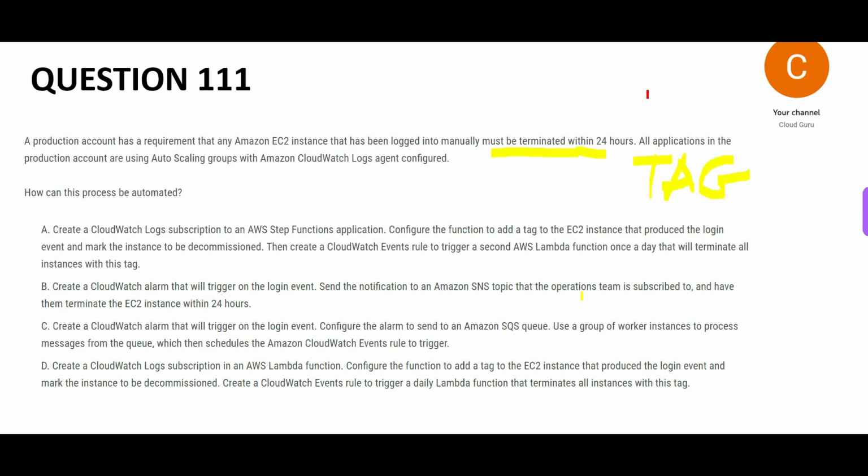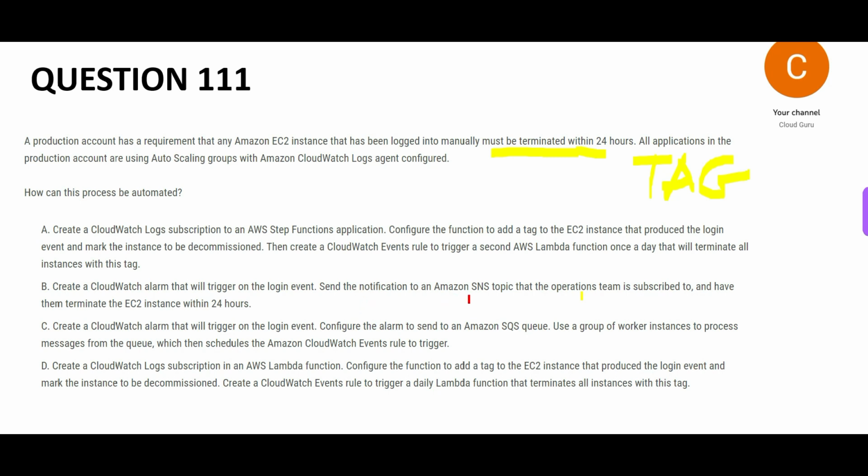Now let us look for a silly option. Always remember, 90% of the time, one option is the most silly option. That, in my opinion, is option B. Why? Because what they are saying is we will tag it and we will not trigger. The program will not execute.